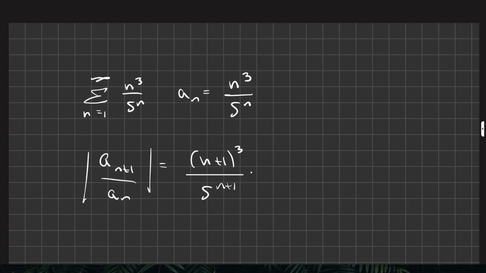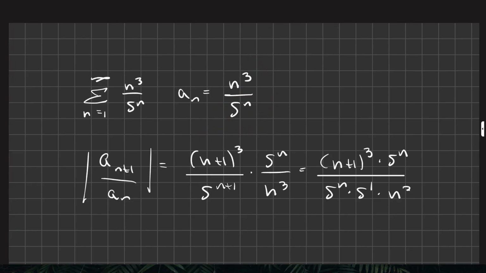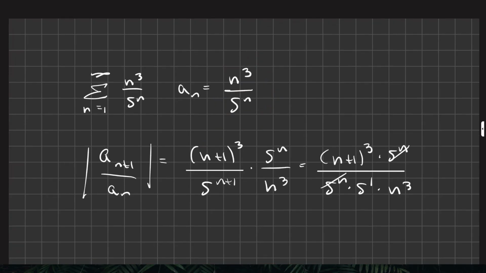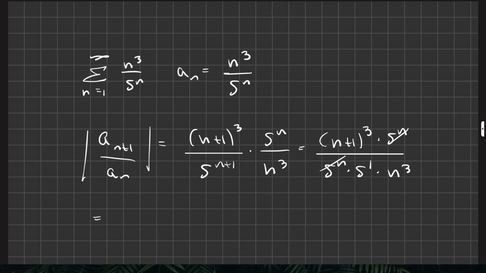We'll take the reciprocal right away, so this would be 5 to the n over n cubed. This is just (n plus 1) cubed times 5 to the n over, I can rewrite this, 5 to the n times 5 to the first power times n cubed. These will cancel, and we're left with this 1/5 down here. I'm going to pull it out, times (n plus 1) cubed over n cubed.